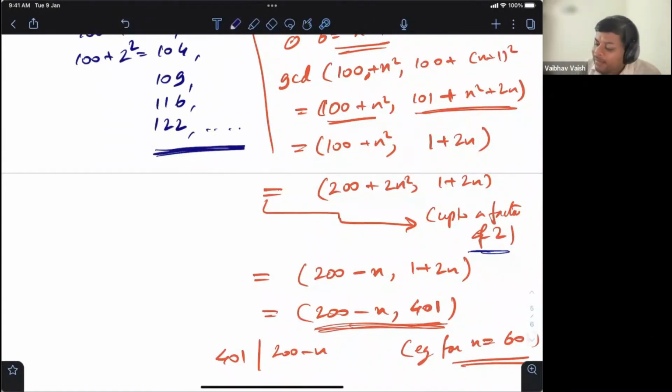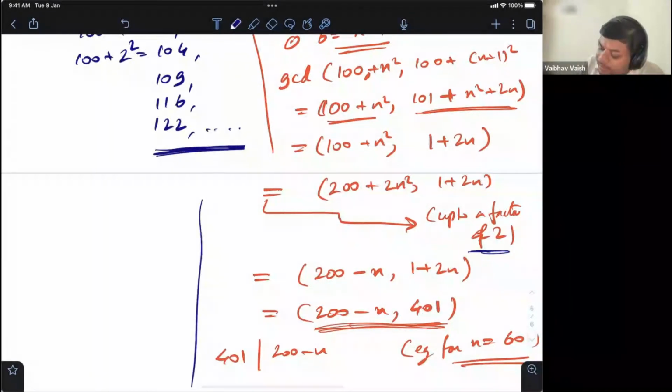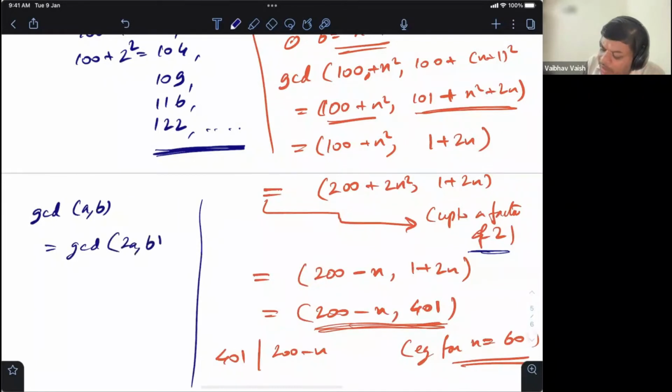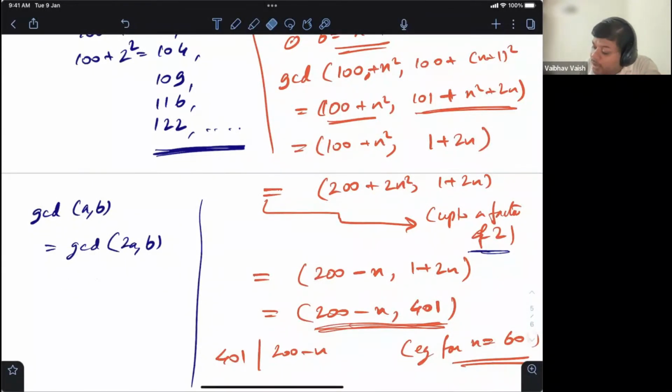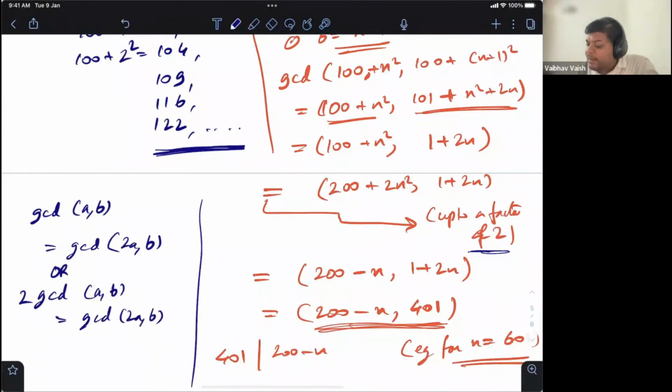So let me write it down here. GCD of A, B equal to GCD of 2A, B if 2 does not divide... or rather, GCD of A, B equal to, or twice GCD of A, B equal to GCD of 2A, B. See this. What is GCD?